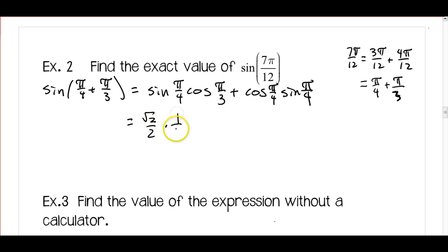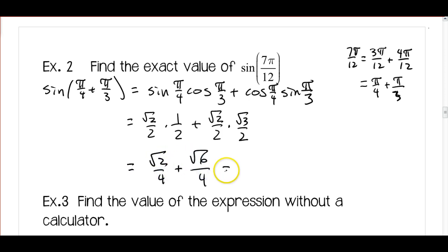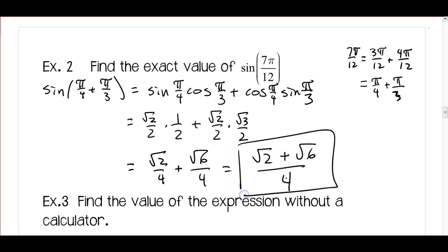Cosine of pi over 3 is 1/2, plus cosine pi over 4 is root 2 over 2, and that should be a 3, sorry about that, hopefully you caught that. It's going to be root 3 over 2. So we get root 2 over 4 plus root 6 over 4, which is just root 2 plus root 6 over 4. And again, you can leave your answer like this.